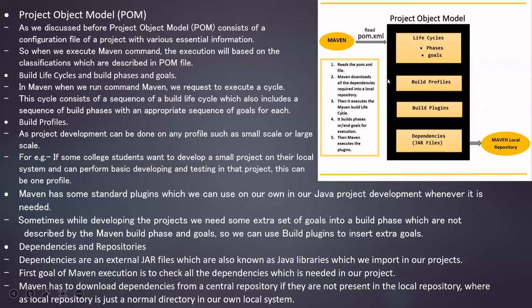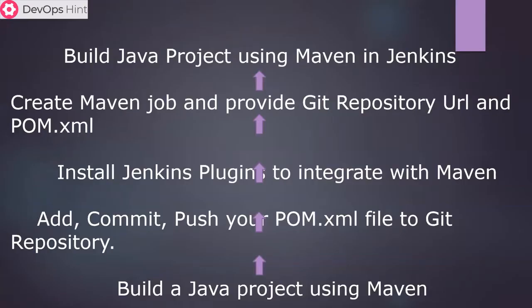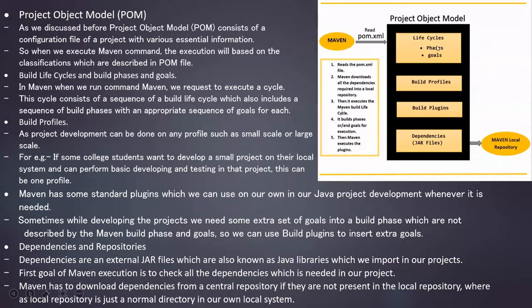So for every Maven project, we have phases and goals, then build profile, then build plugin and dependency. These contents are present in the pom.xml file, the project object model.